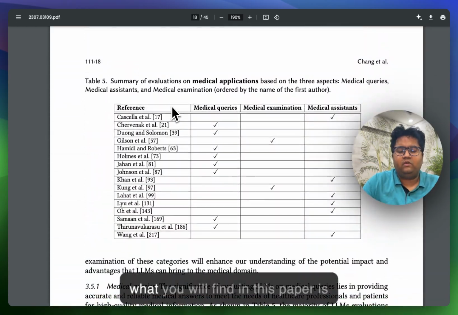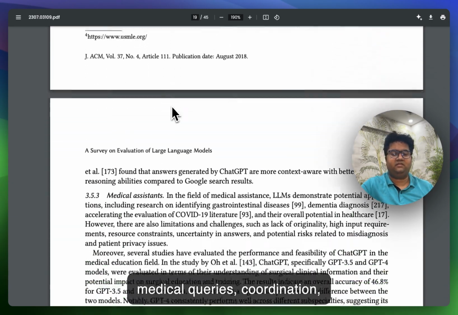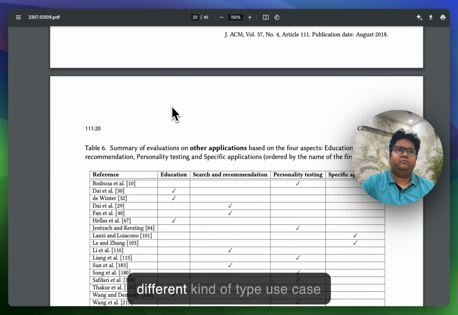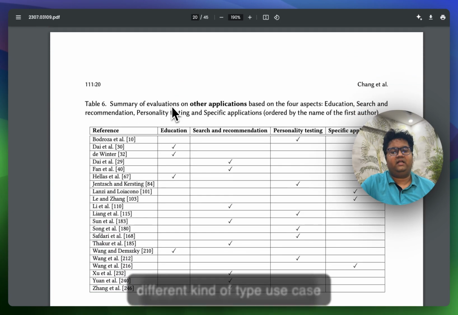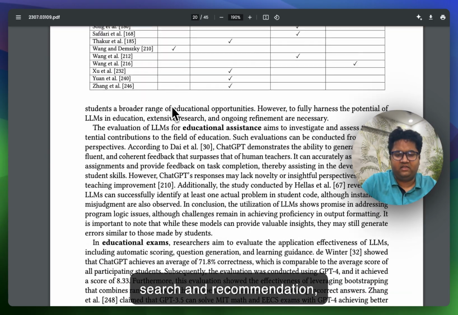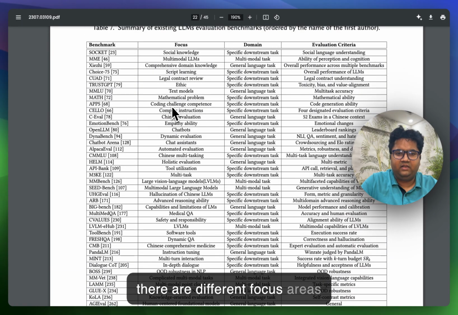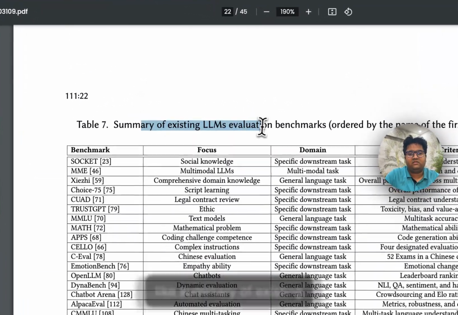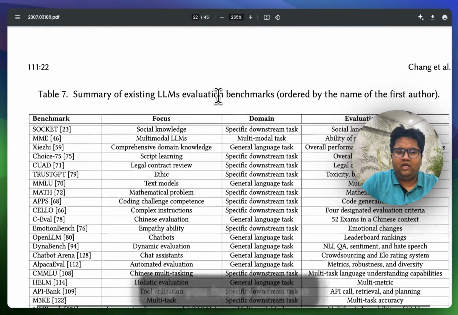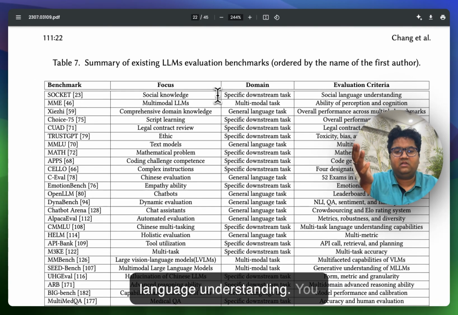And similarly, what you'll find in this paper is for medical, you'll have medical queries, examination, assistance. Each would be a different kind of use case, and others are education, search and recommendation, testing, etc. So in a nutshell, there are different focus areas like the summary of existing evaluation benchmarks. When you have a focus on social knowledge, you would evaluate it using social language understanding.